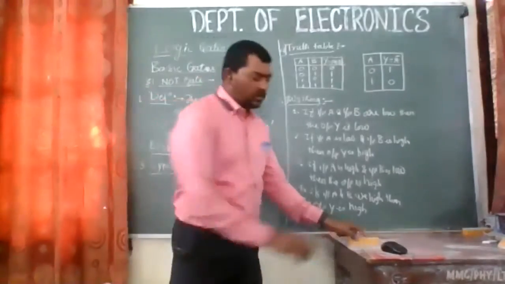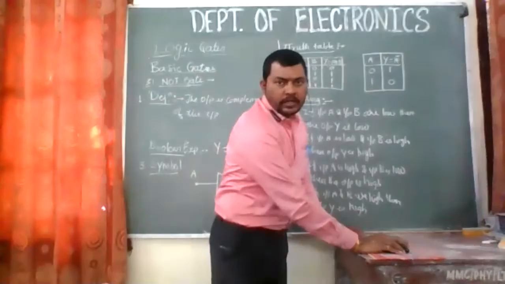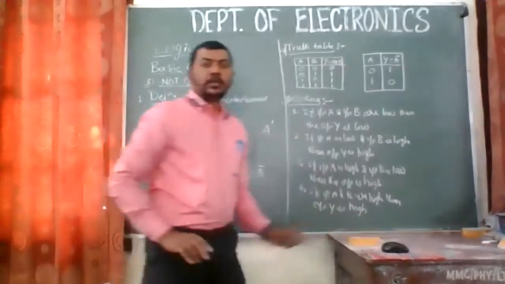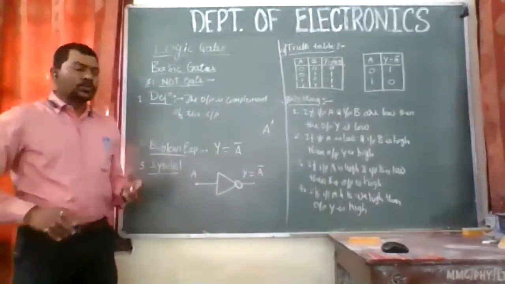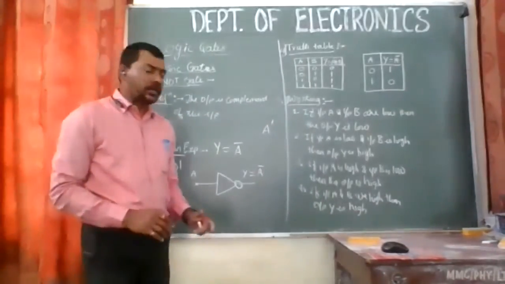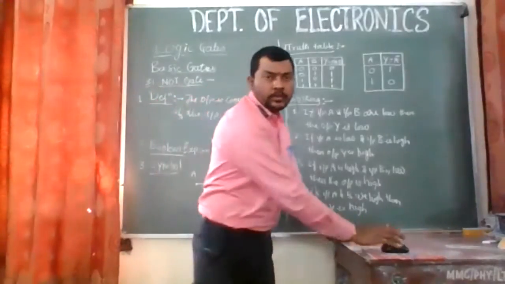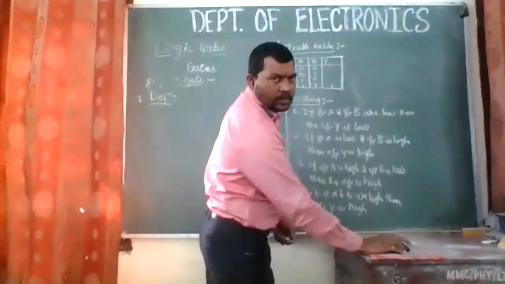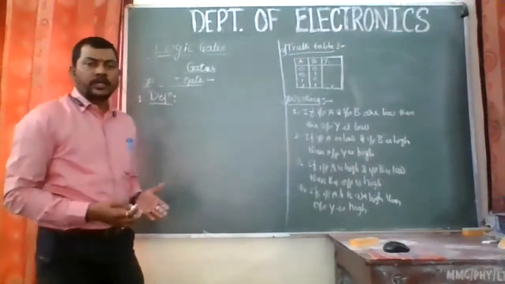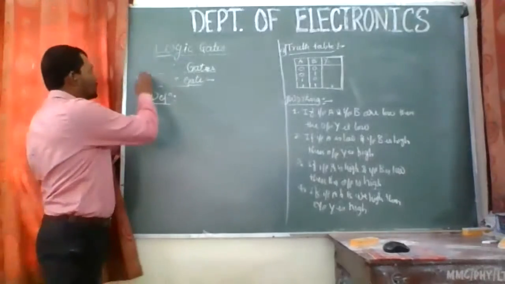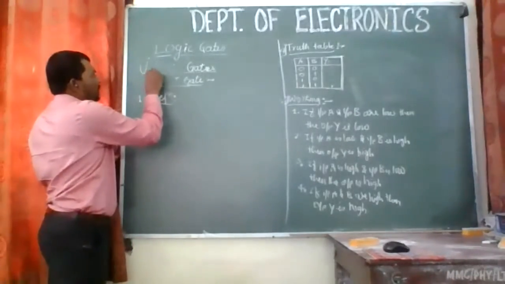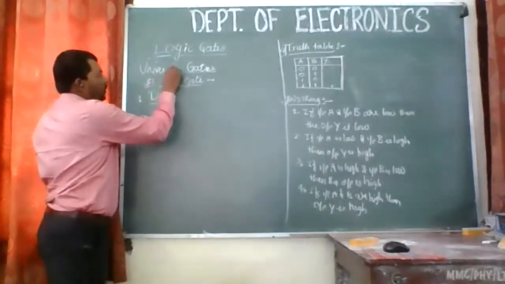And two more gates are there. Those we call the universal gates, right? Basic gates are three, and then universal gates.